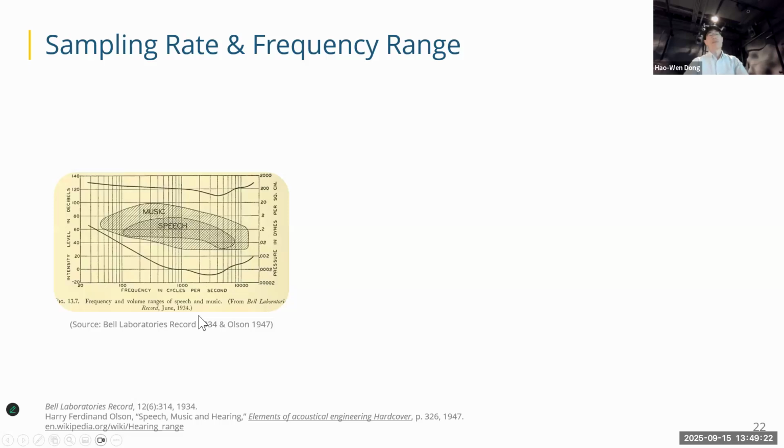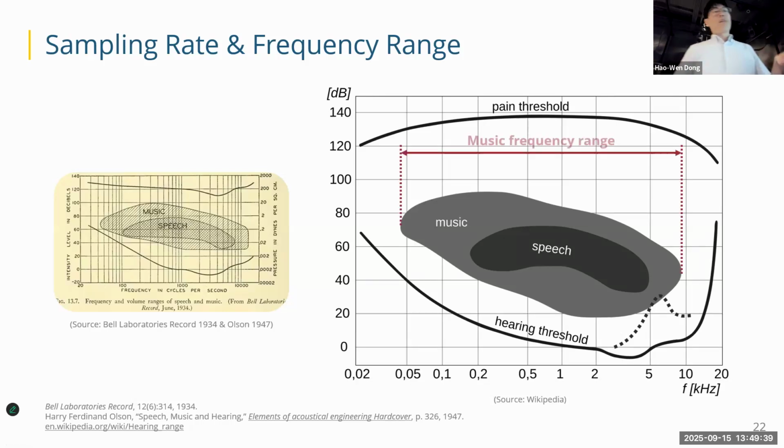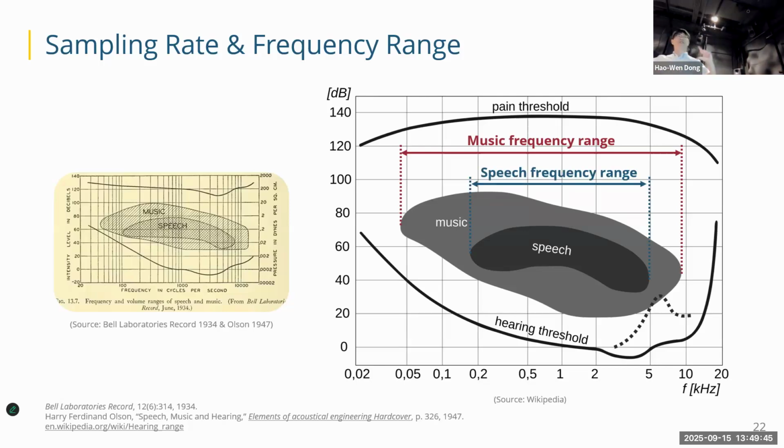They were starting to see where our human hearing range is. So this is how you look at it. This part is where music will typically lie. So this is the music frequency range. It's not much, slightly larger than the speech frequency range.